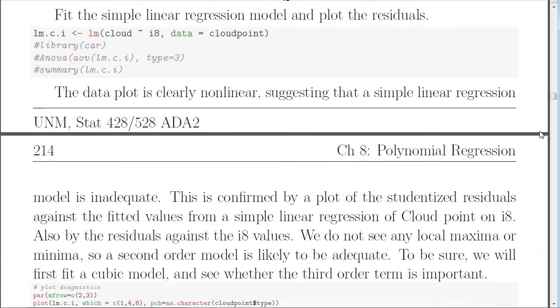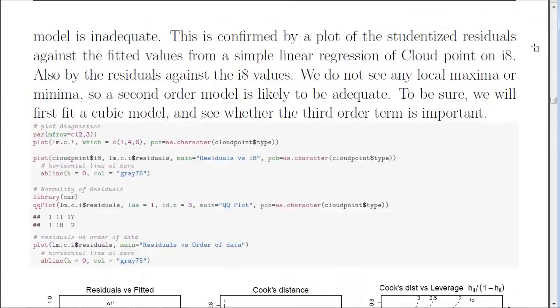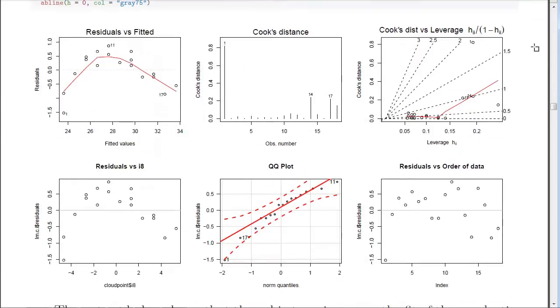All right, so let's just fit a simple linear regression fairly naively and take a look at the residuals. Now there's several things going on here. The first thing we notice is that relative to the predicted values, we see this curvature.